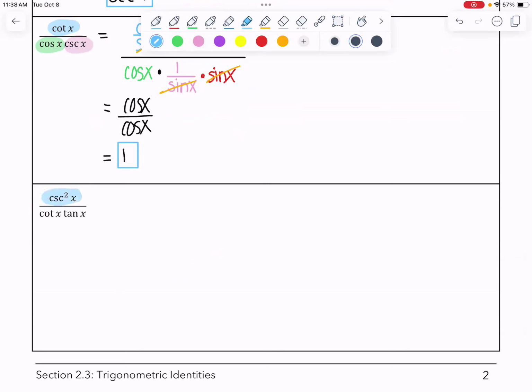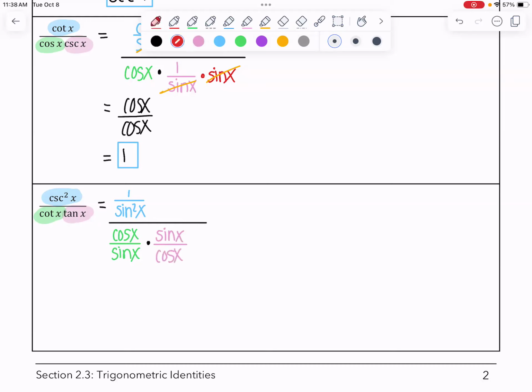So I have cosecant, we have cotangent, we have tangent. Cosecant squared, that's 1 over sine squared. Divided by cotan squared is cosine x divided by sine x times tangent, which is sine over cosine.